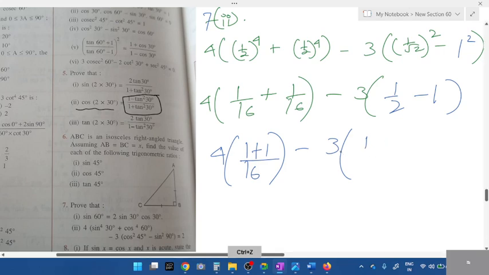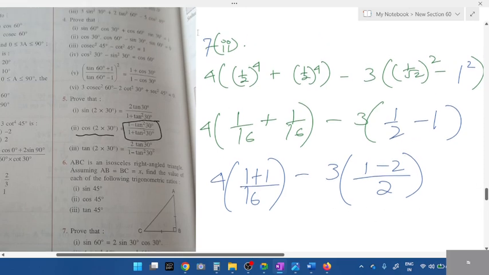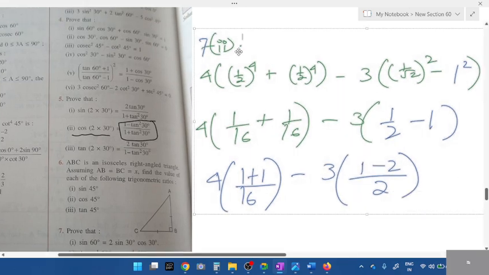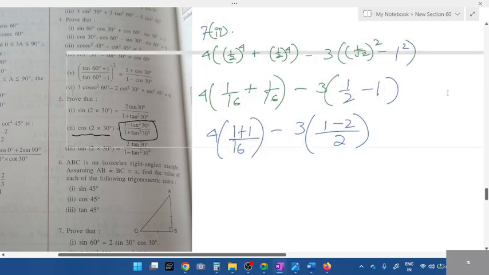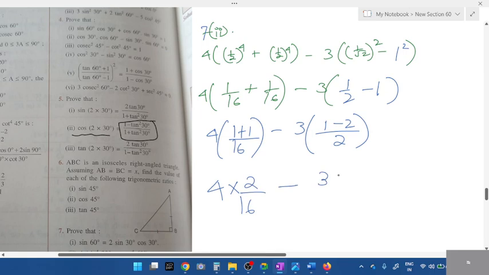When you take LCM, you get 2 minus 2. Fine. Next, 4 into. Now let us open the bracket, students. If I open the bracket, multiplication. 1 plus 1 is 2 divided by 16 minus 3 into.